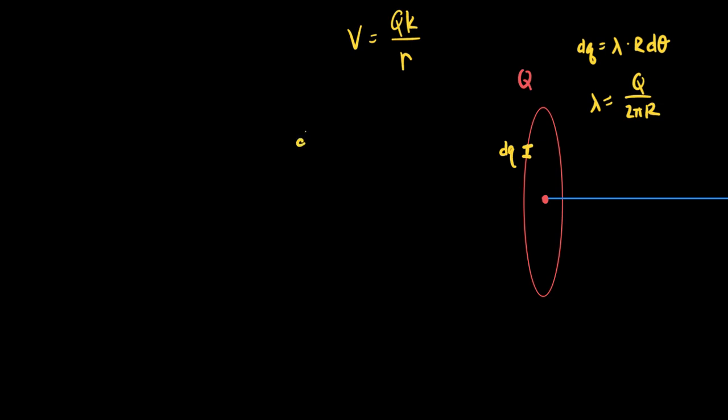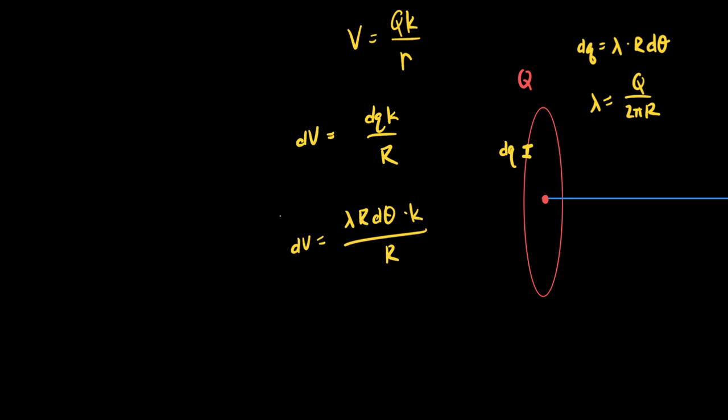So wouldn't the individual electric potential be equal to dqk over r? But isn't every single dq the same distance away from the center? So if I substitute all of that, I'll get lambda r d theta times k all over r.